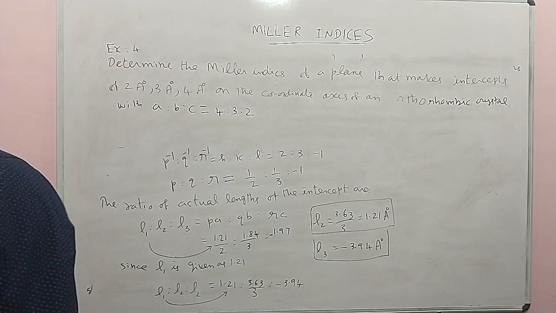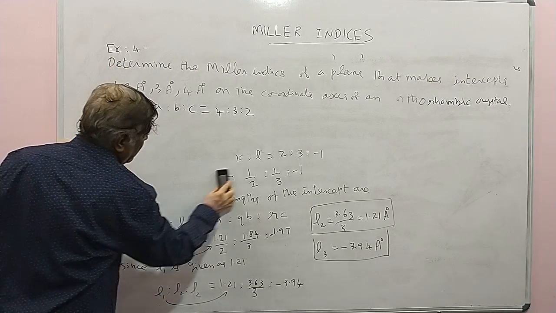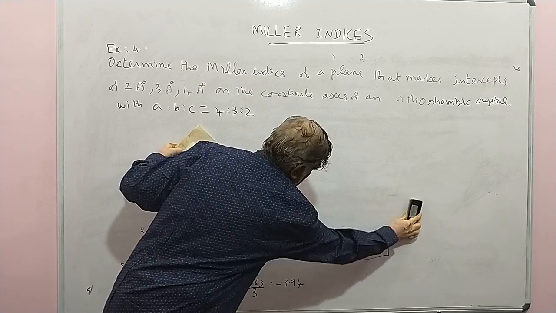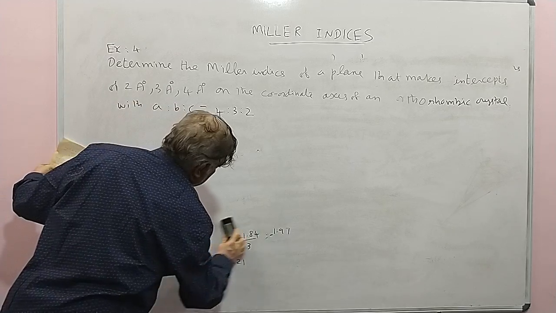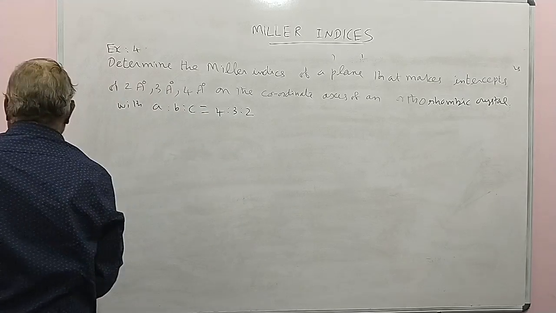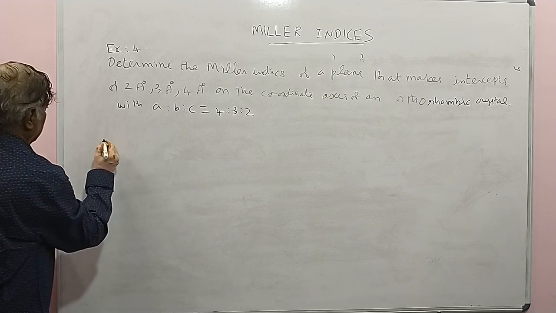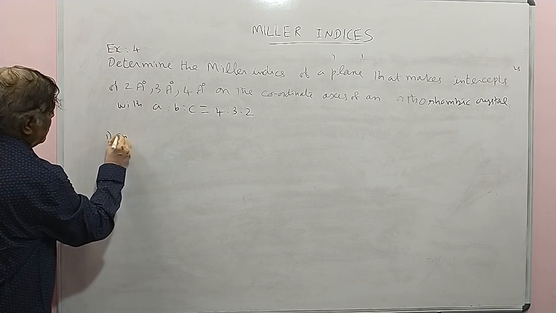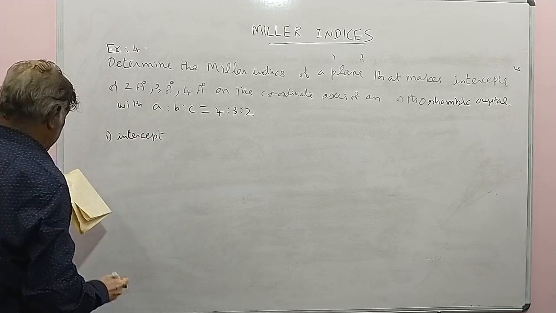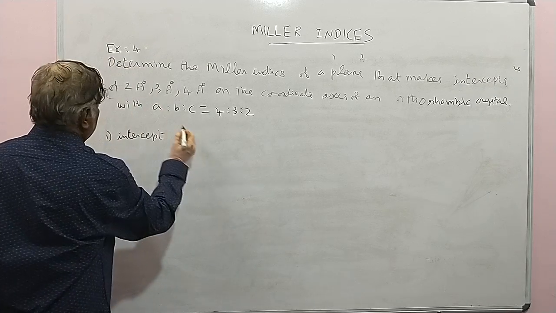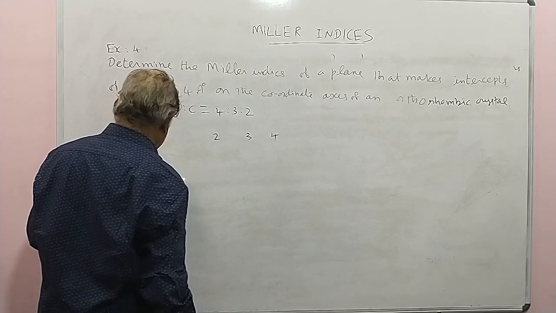So this problem can be done by the steps that I have mentioned earlier, 5 steps. Using the first step, we have to find the intercept. So the intercepts are 2, 3, 4. So they are in the ratio.